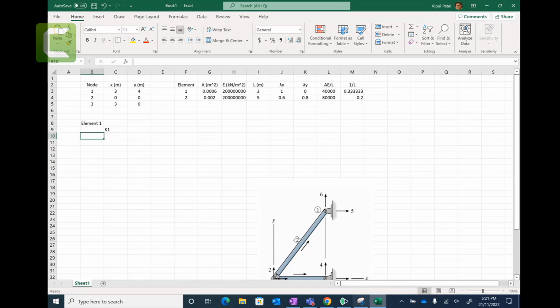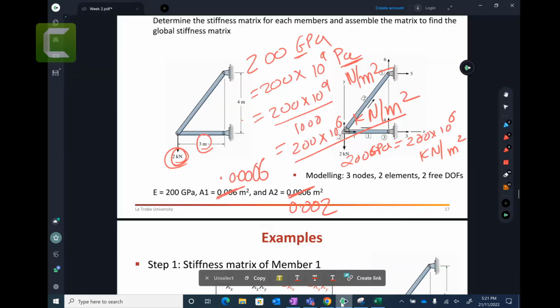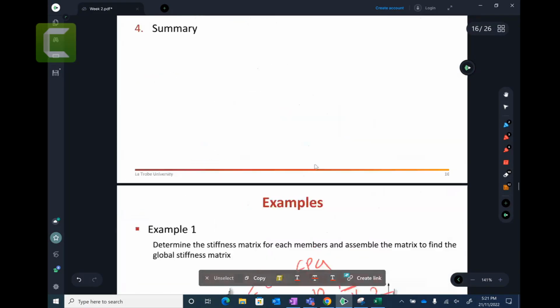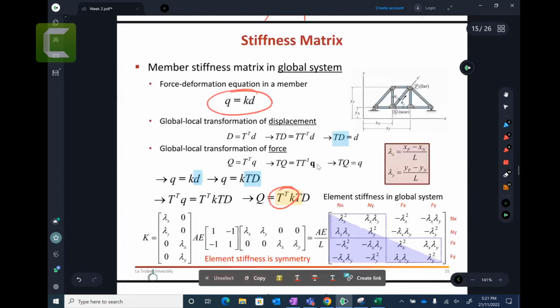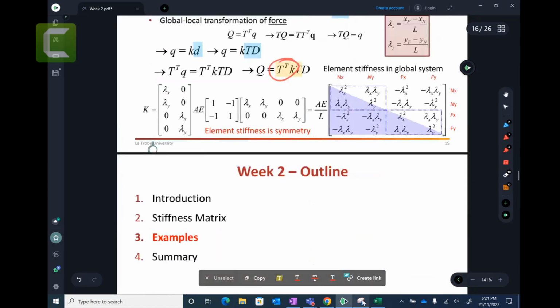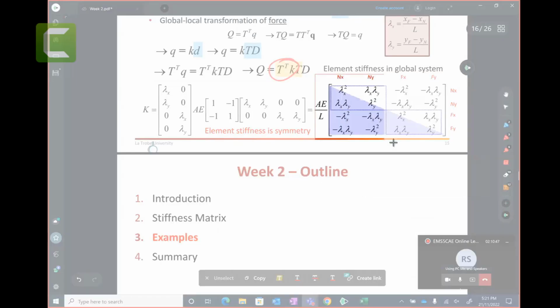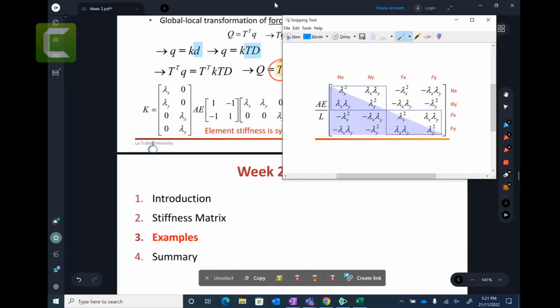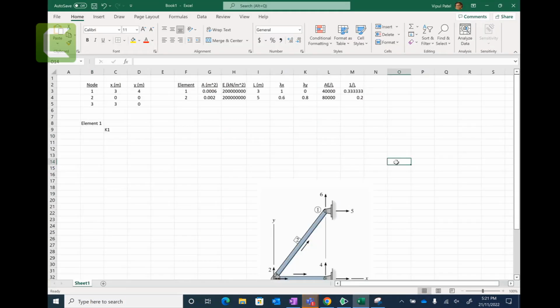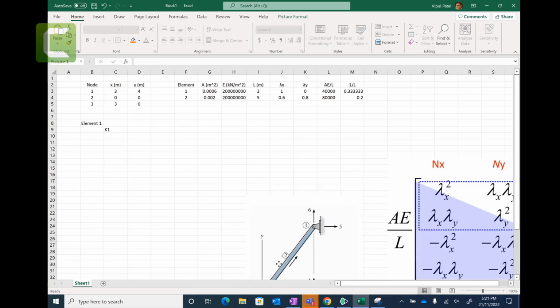Let's get that equations from here. Where is that equations? Oh, here you go. Let's put that equations. Copy. Control V.